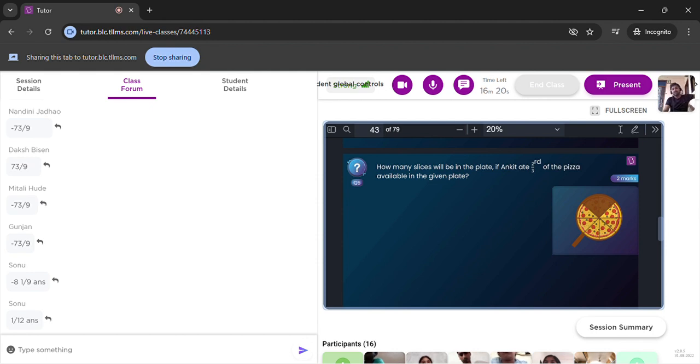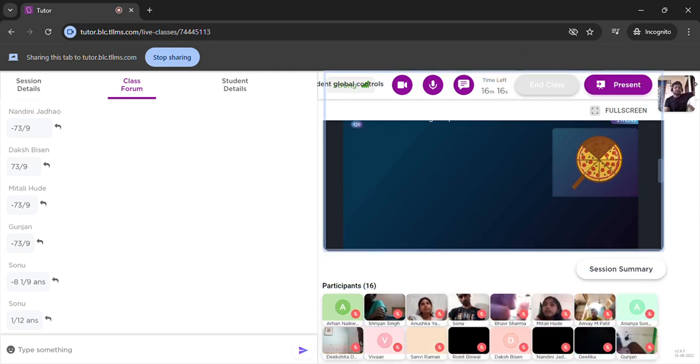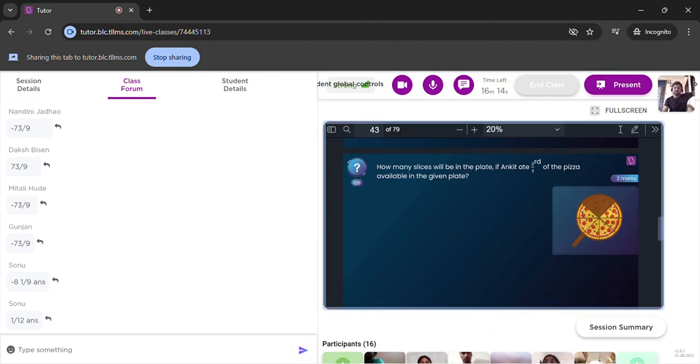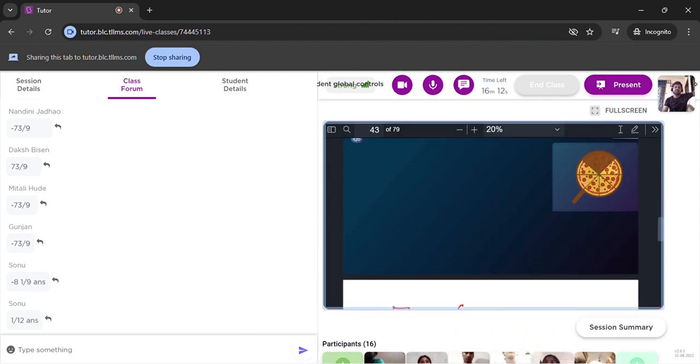Do this question. This one is a very easy question. What is it asking? What will you do in this, subtraction, multiplication or addition?